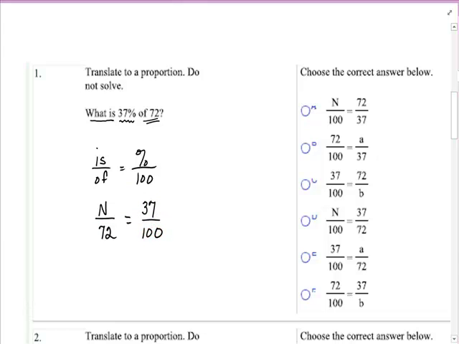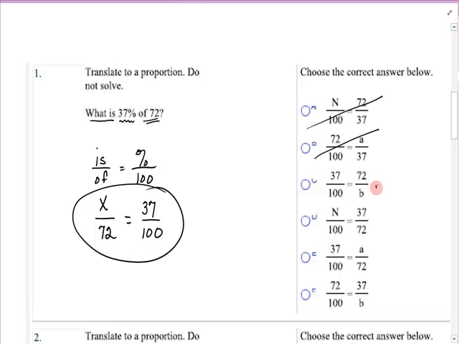Now, I don't think it should matter to you whether we use letter N, A, B, C. The author tends to put always an A up here, a B here, N's in different places. You know what? I'm just going to use X. Now you are looking in your multiple choice for one of them that has a letter over 72 and 37 over 100. Look for the 37 over 100.